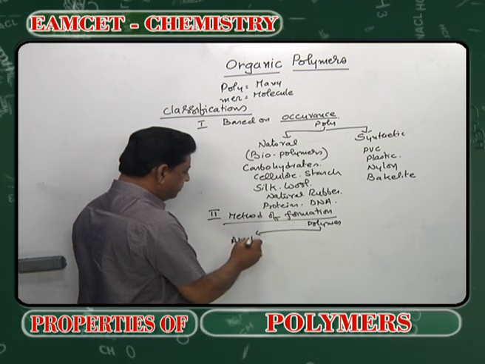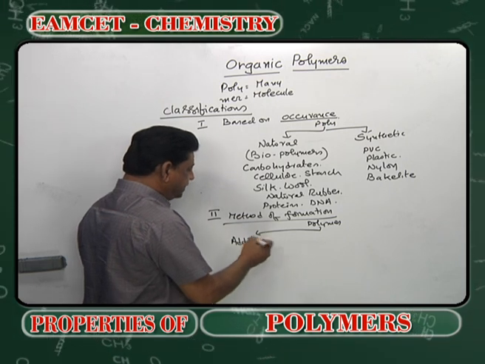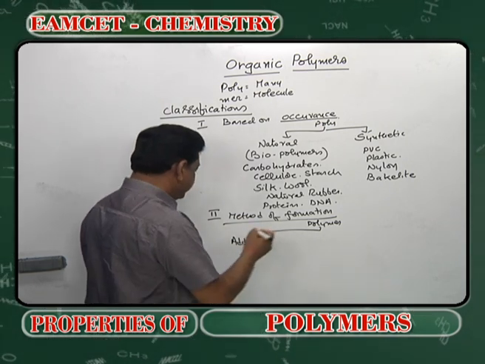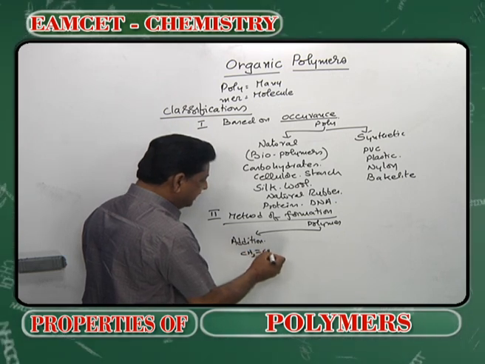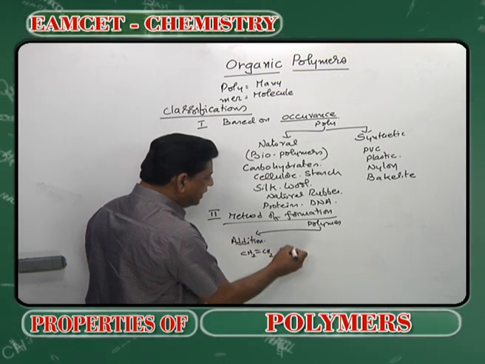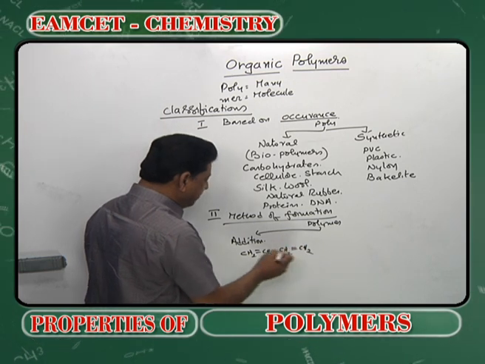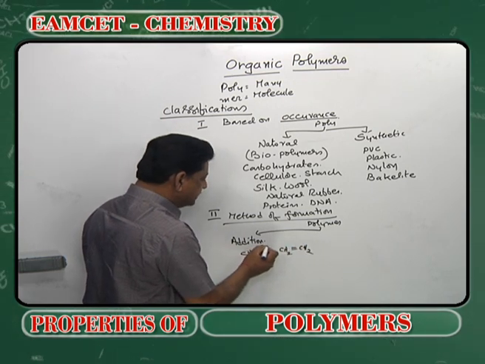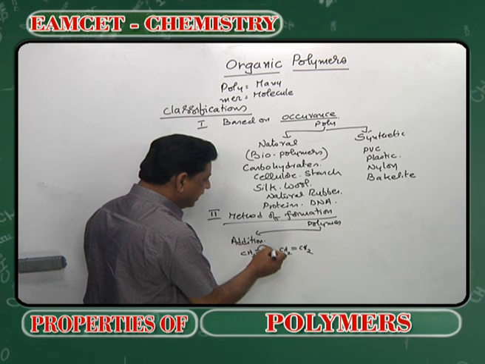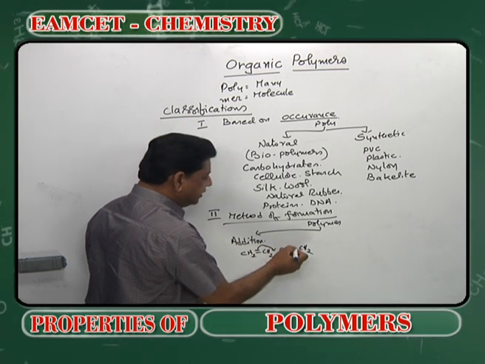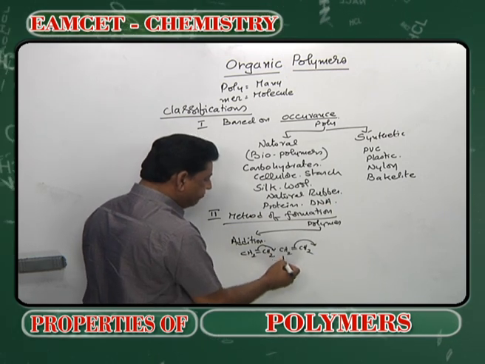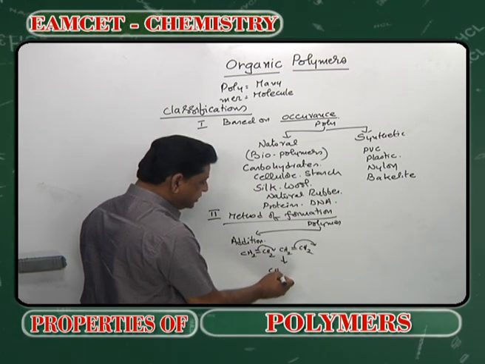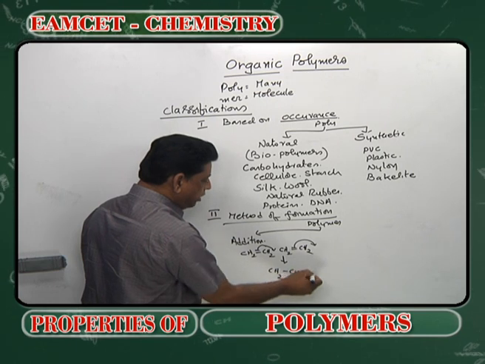Addition is the method of linking. For example, if ethylene is joined with ethylene, the pi bond opens and the pi electrons make a new bond. A long chain is formed. Finally, what you will get is CH2 and CH2 with a long chain.